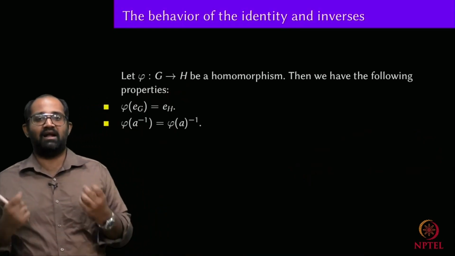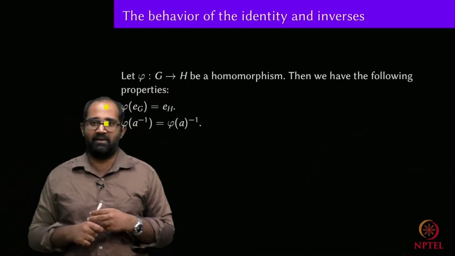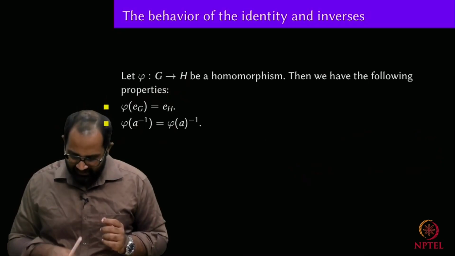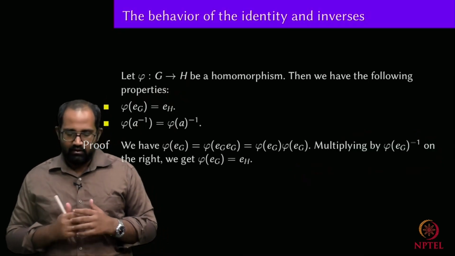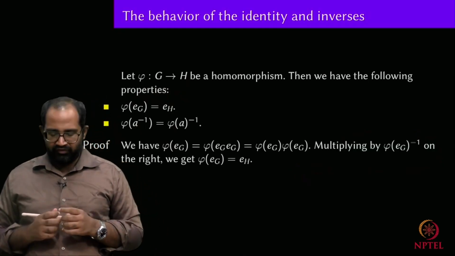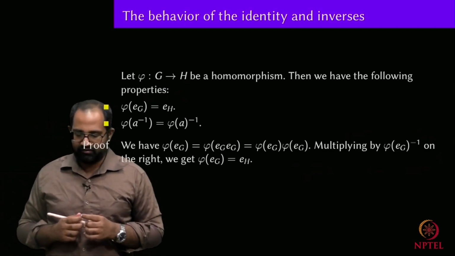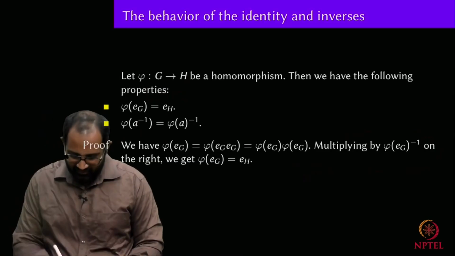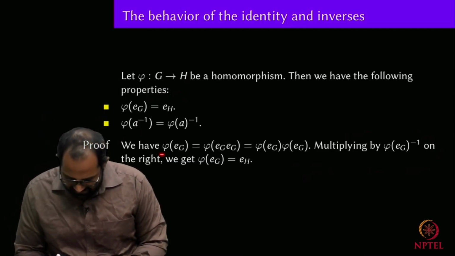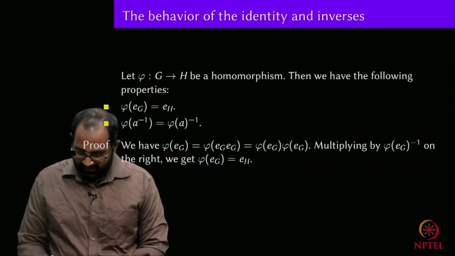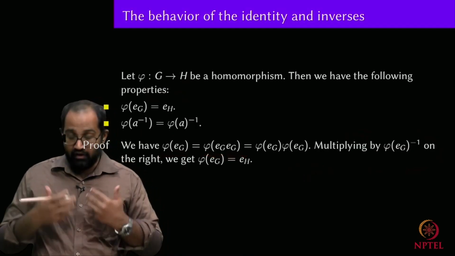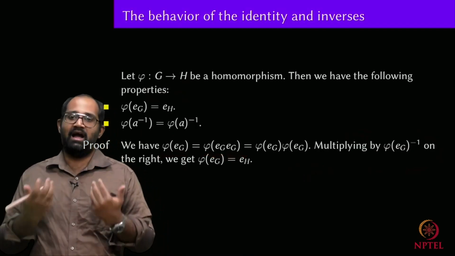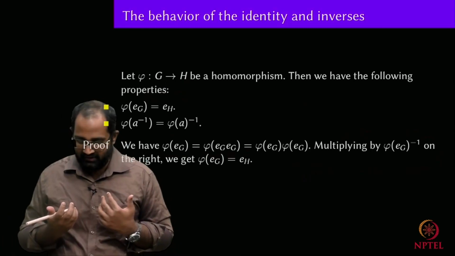Just by the fact that phi respects the binary operation forces this. Let us see how. Well, all of these proofs smell the same. So, if you have smelt it once, you will never forget the smell, but let me anyway do it. So, phi of EG is phi of EG times EG, because identity times identity is just identity.